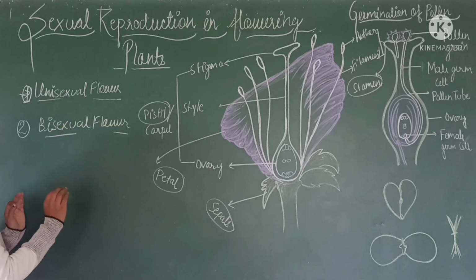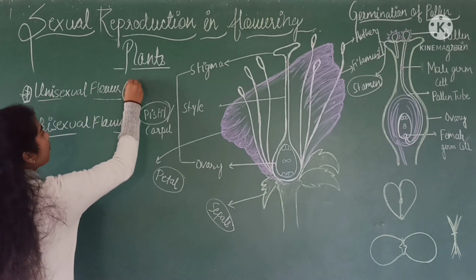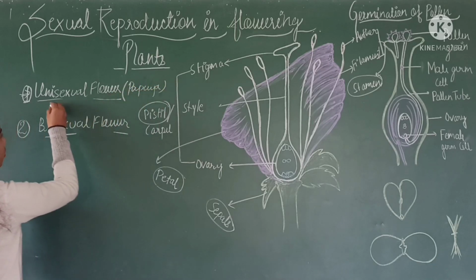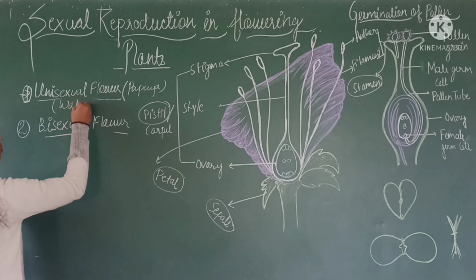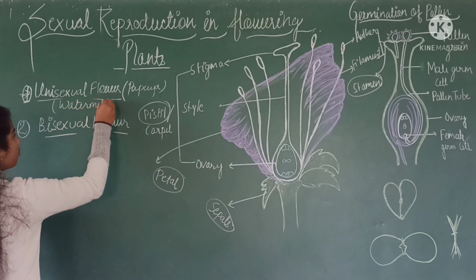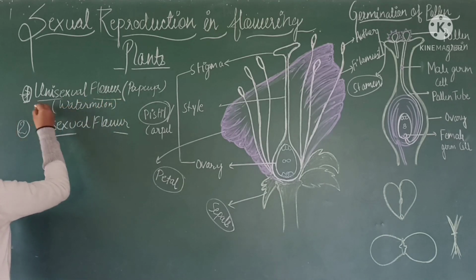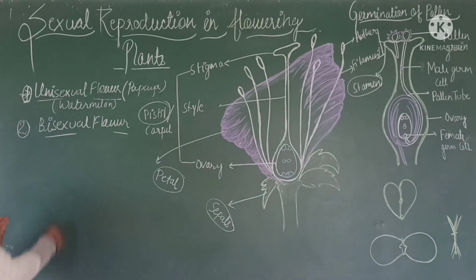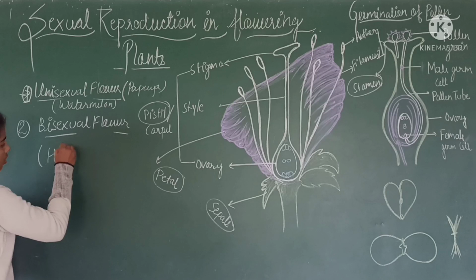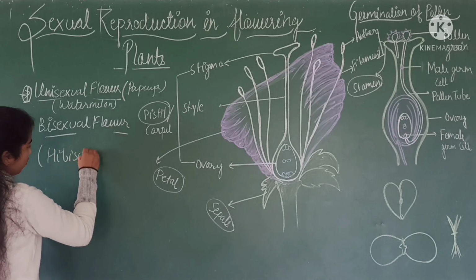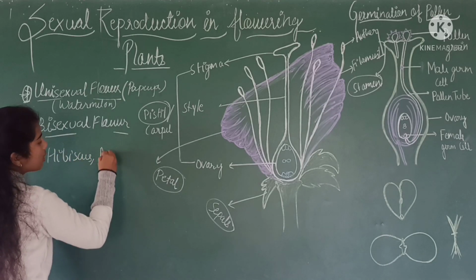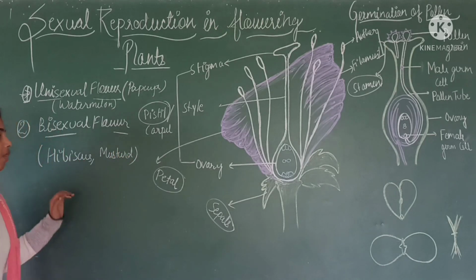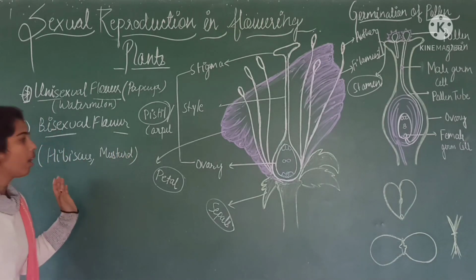The examples of the unisexual flower are papaya, watermelon, and date palm, and bisexual flowers are hibiscus, mustard, etc. These are the bisexual flowers.